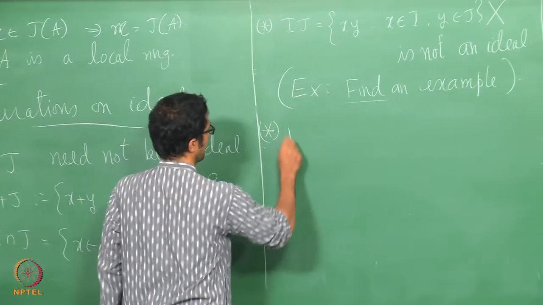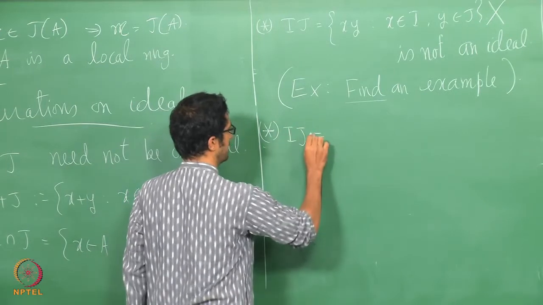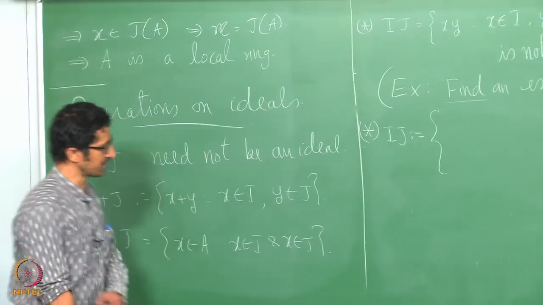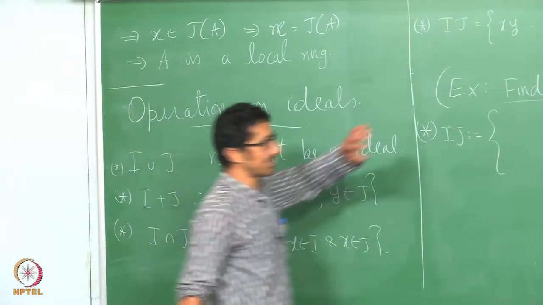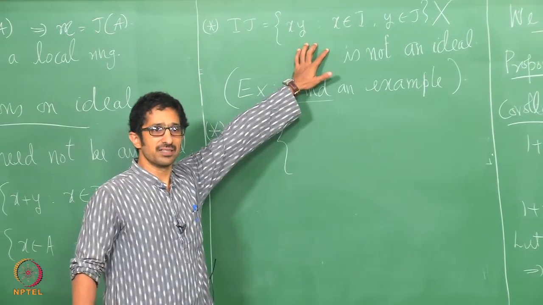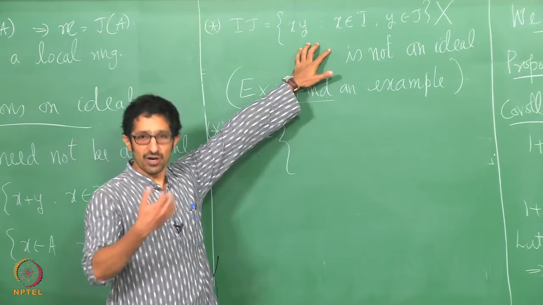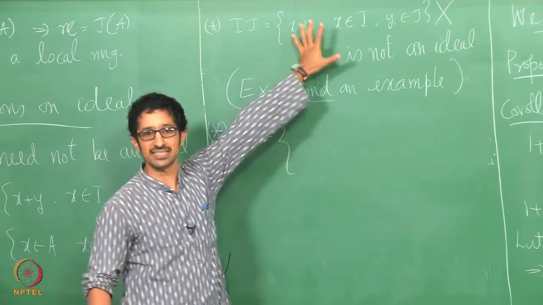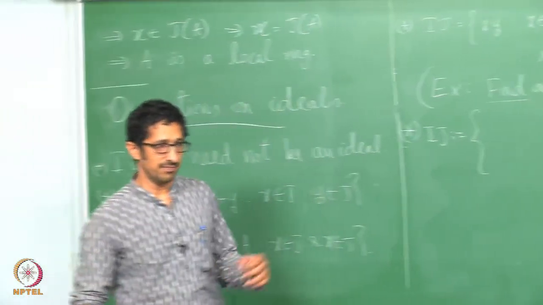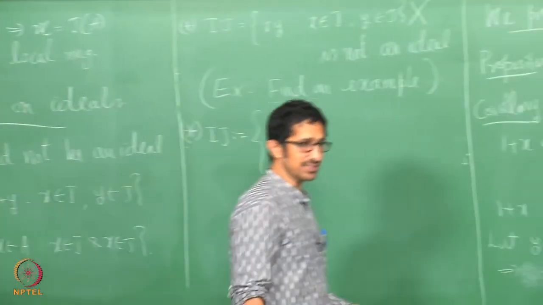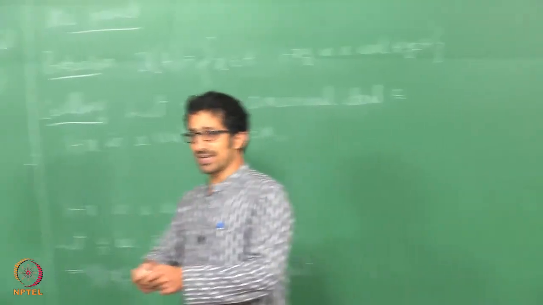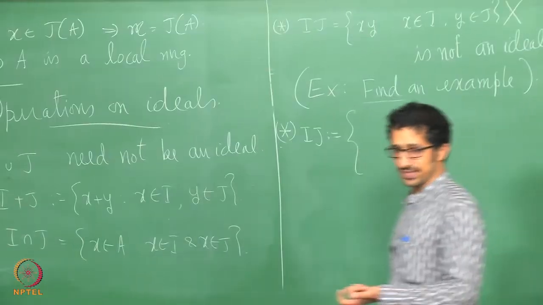What we do is IJ, I define it to be the ideal generated by this, or in other words, the smallest ideal that contains all these products. The product ideal is, as we saw, or as you should be seeing, if you take individual products, it does not form an ideal.